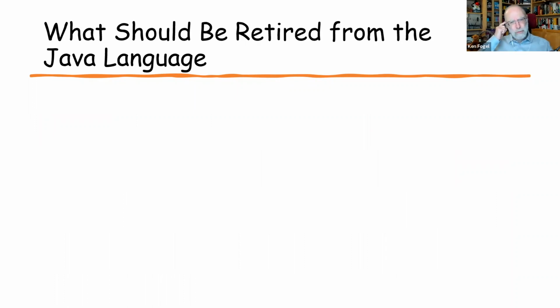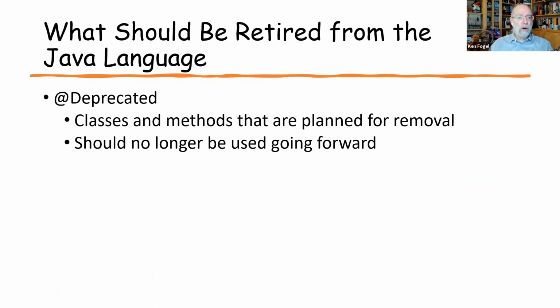So what should be retired from the Java language? Well, we're all familiar with this particular tag, @deprecated. This occurs when components or syntax in the language have been marked for eventual removal.